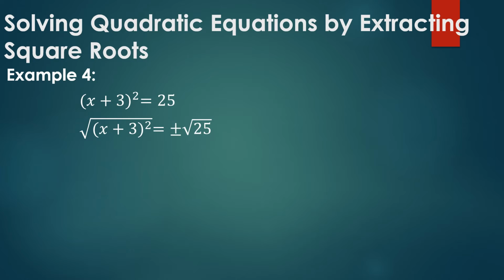By simplifying, we are going to get the square root of x plus 3 quantity square. Similarly, we are going to get also the square root of 25. Now, let us simplify. What is the square root of x plus 3 quantity square? That is x plus 3 equals. What is the square root of 25? That is positive and negative 5.